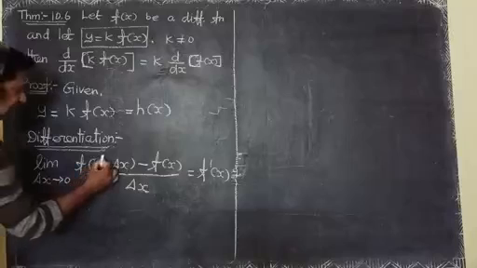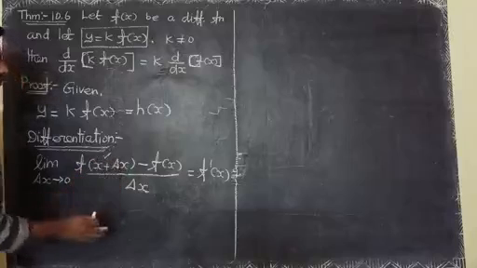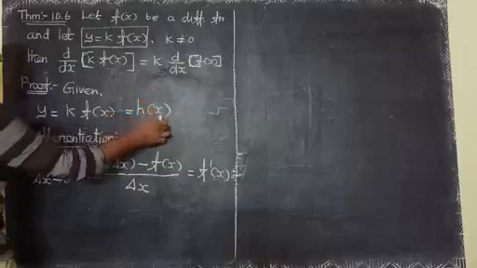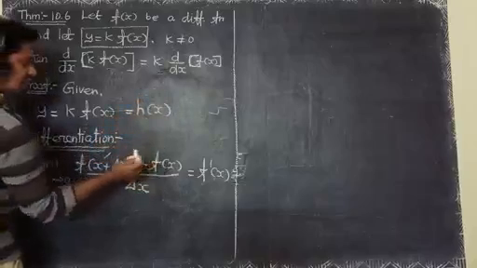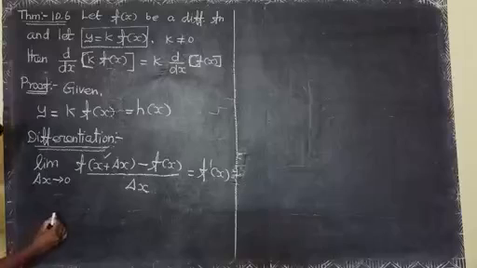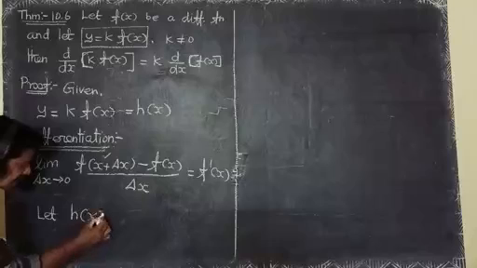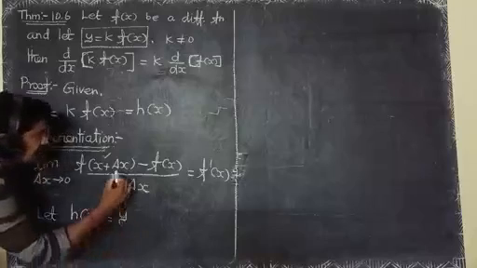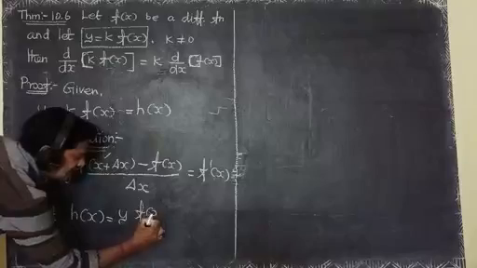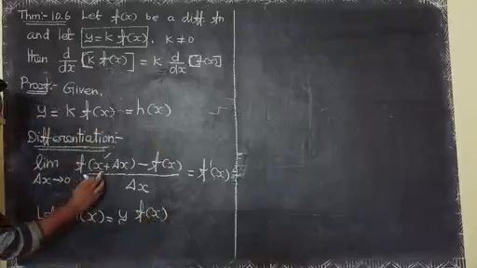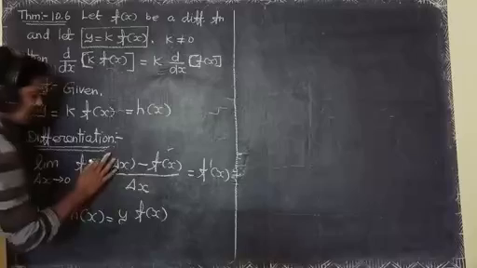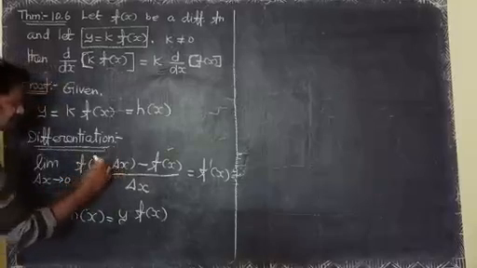First we find f of x plus del x. This is h of x, where h of x is equal to k into f of x. Next we find h of x plus del x.